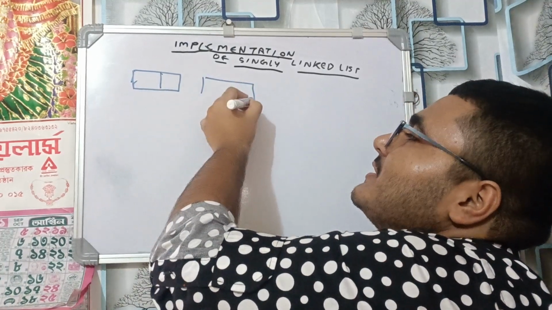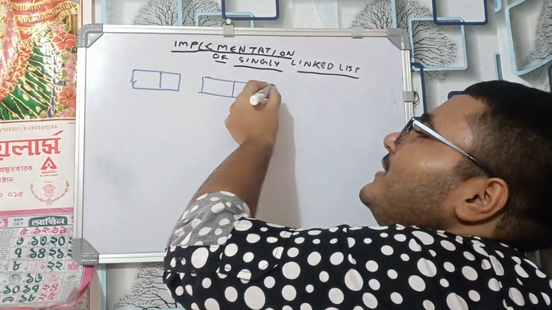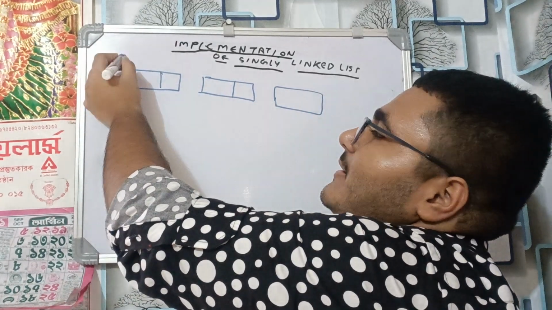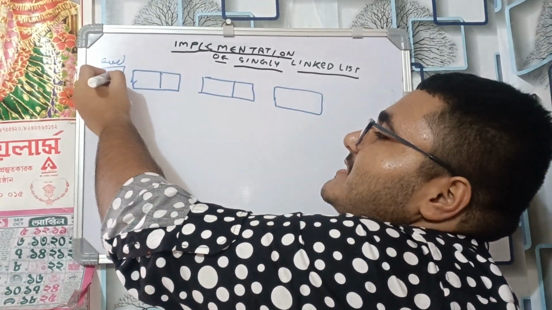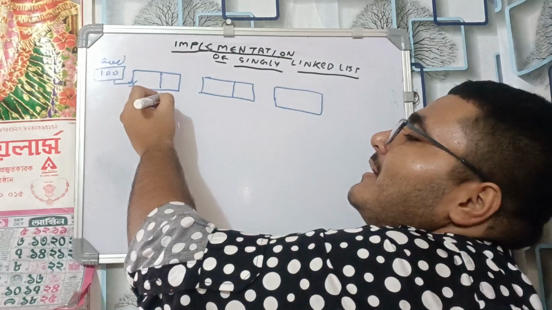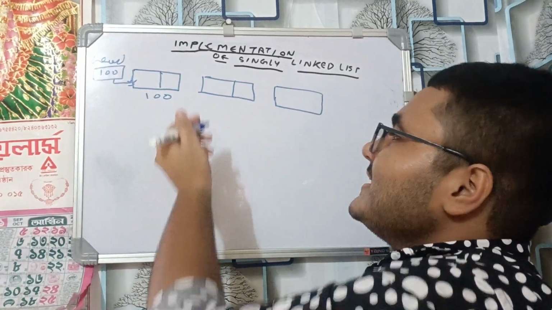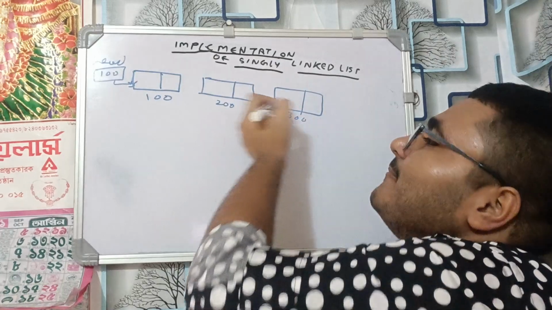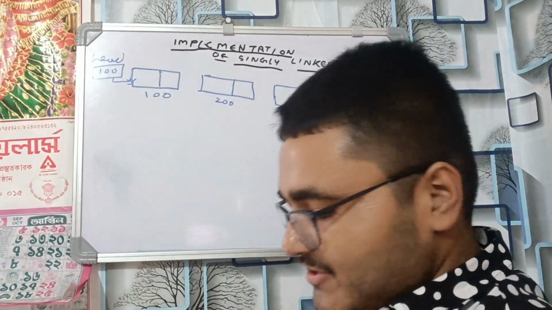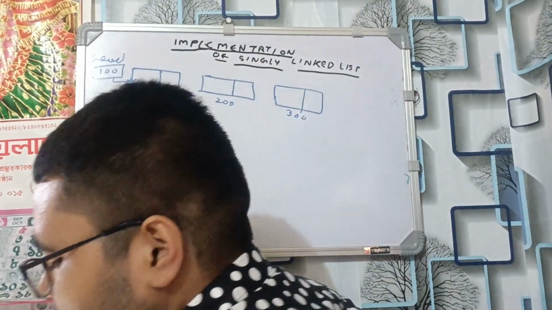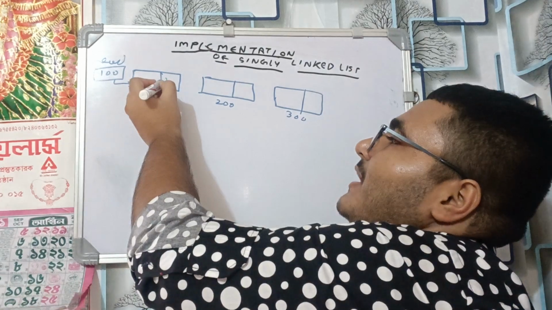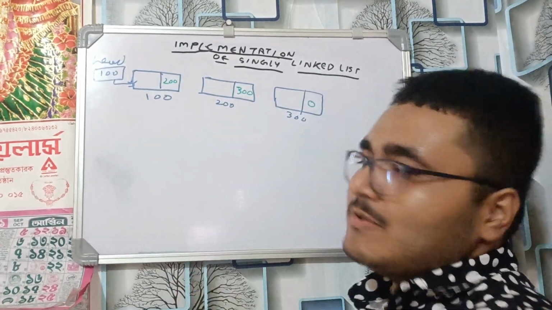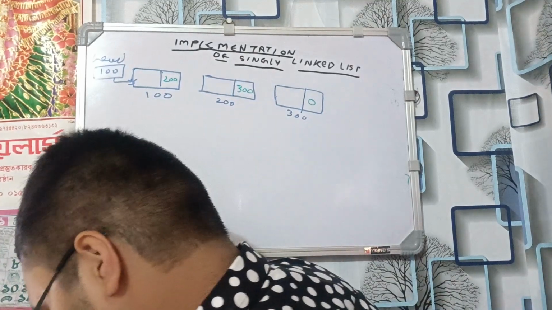There are nodes which point to one another, and this is my head node. So if this is 100, pointing to 100, it is a random address I have taken. It is not necessary that it has to be 100. So the next of 100 will be 200, 200 points to 300, and the next of 300 will be 0 because after this there are no nodes.